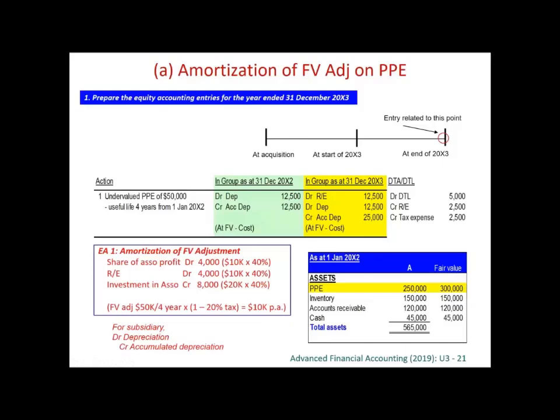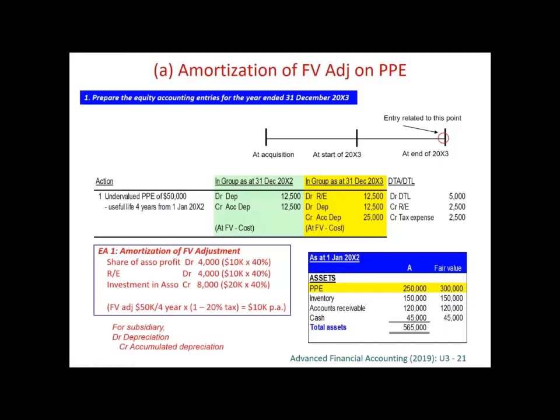Next year, we will accumulate 1 more year. So if this is the 3rd year, you will debit share of profit 4,000, debit retained earnings 8,000, and credit investment in associate 12,000. Every year, we add 1 more year.